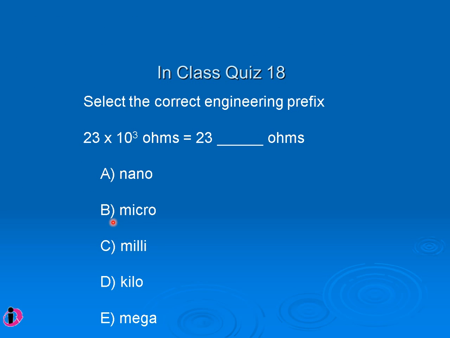Which is kilo. So that is 23 kilo ohms. Right answer is D. 10 to the power negative 9. Negative 9 is what? Nano. So the right answer is A.